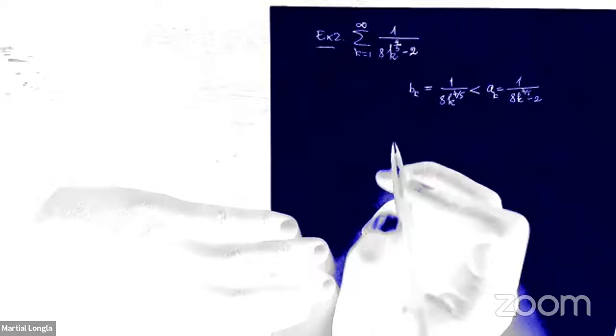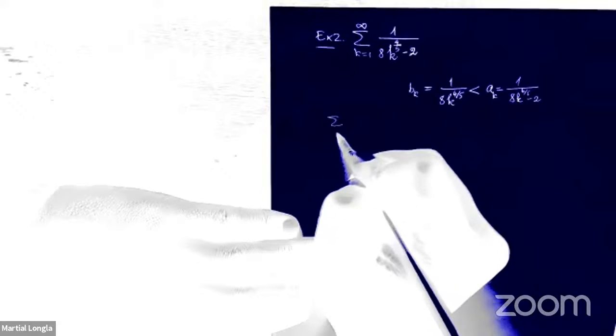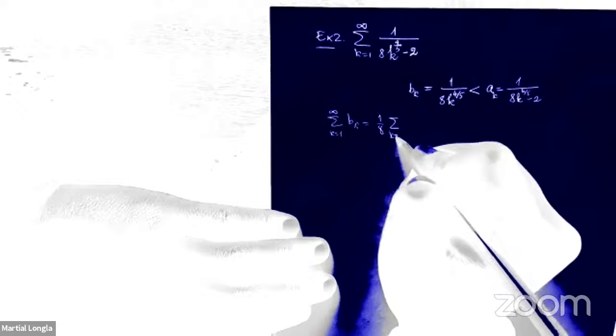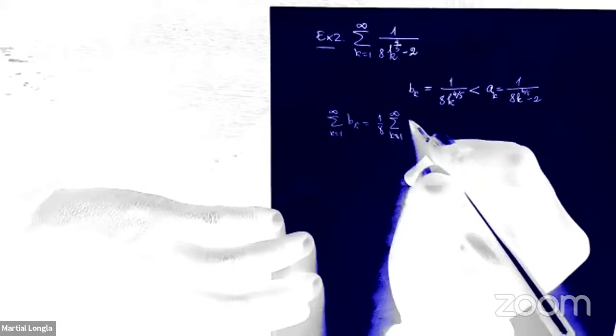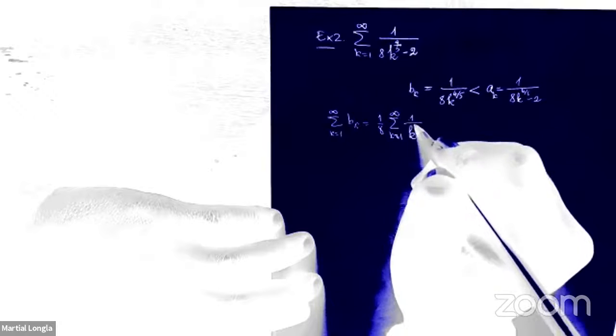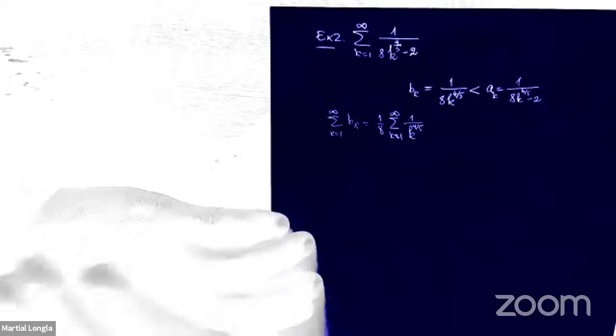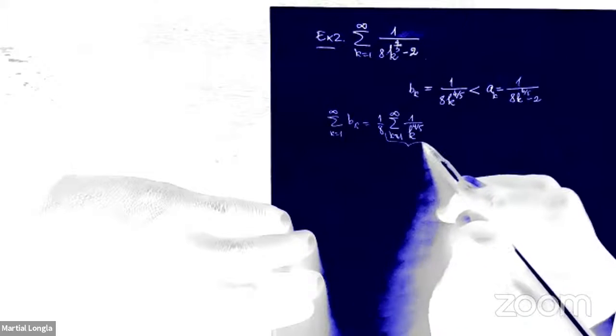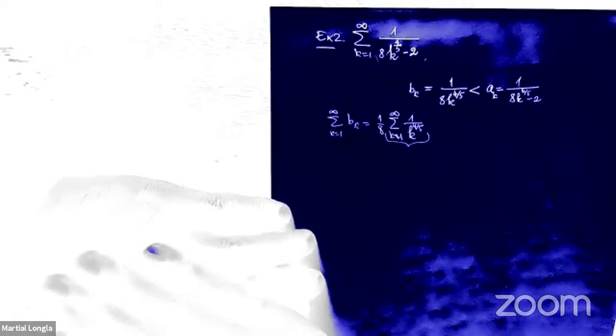And we will see now sum k from 1 to infinity of BK equals 1/8 sum k from 1 to infinity 1 over k to the 4/5. Now, how do we decide here? This thing here is a P series.